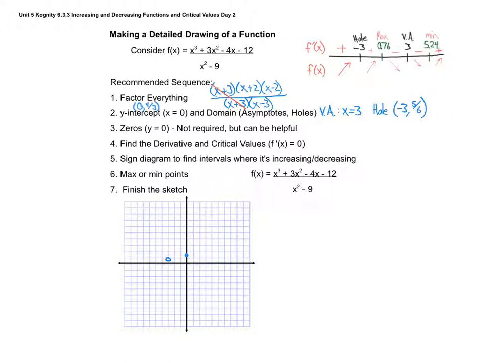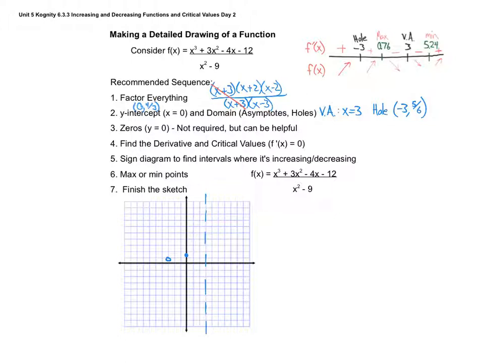And we also have an asymptote at positive 3. So let's put that asymptote there. Now, there are other things here that we also can identify. For example, the zeros.